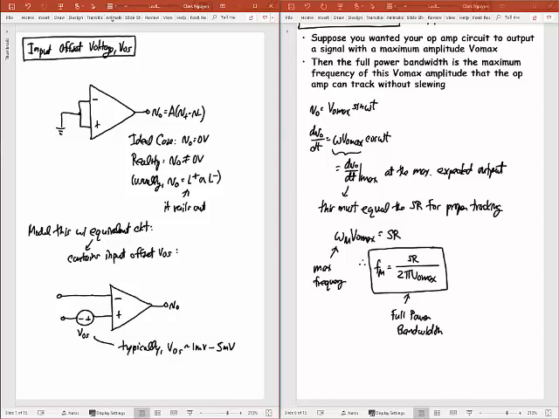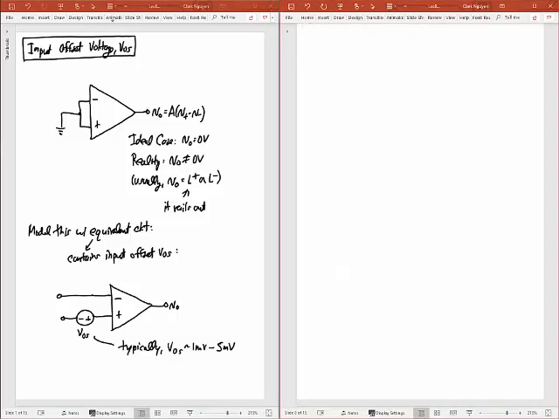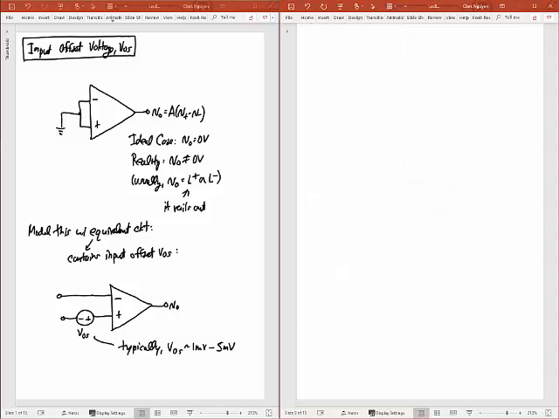But let's take a look at some practical op-amp circuits where this offset voltage may actually impact us. Okay? And so on this side here, let's take an example. Let me title this The Effect of VOS on op-amp circuits.